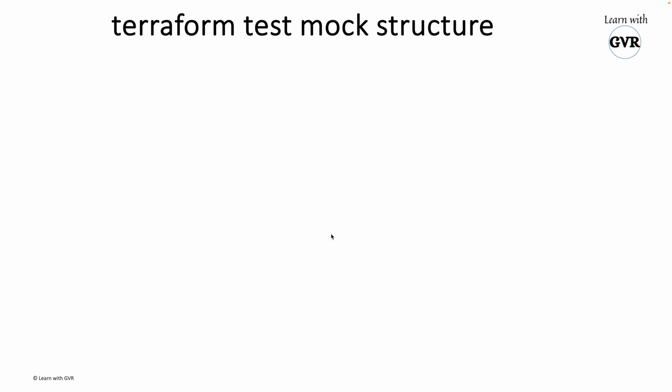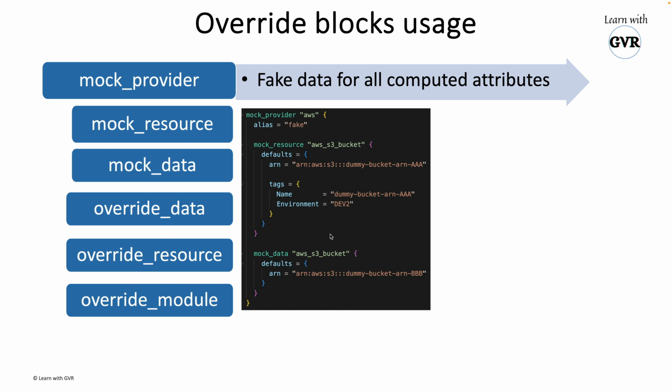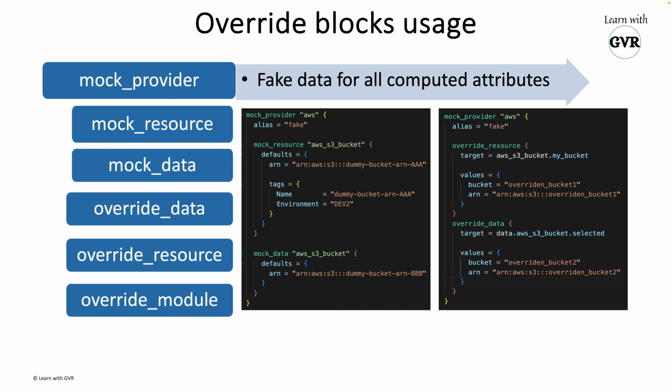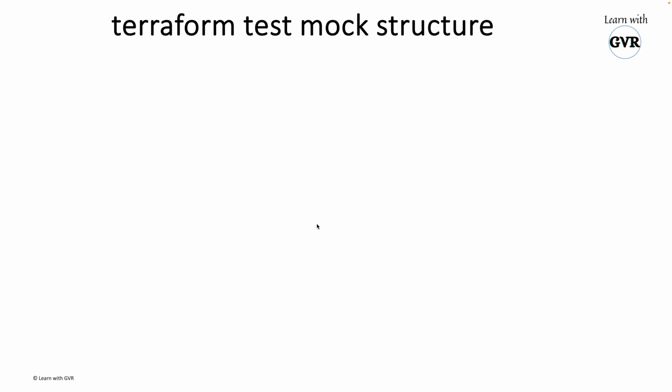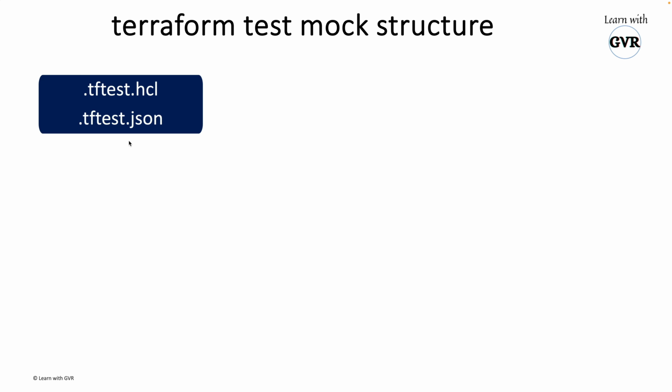Now Terraform test mock. From the Terraform test mock point of view, what we understood is there will be override and mock provider. Now tftest.hcl is a test file, as we know from the previous.